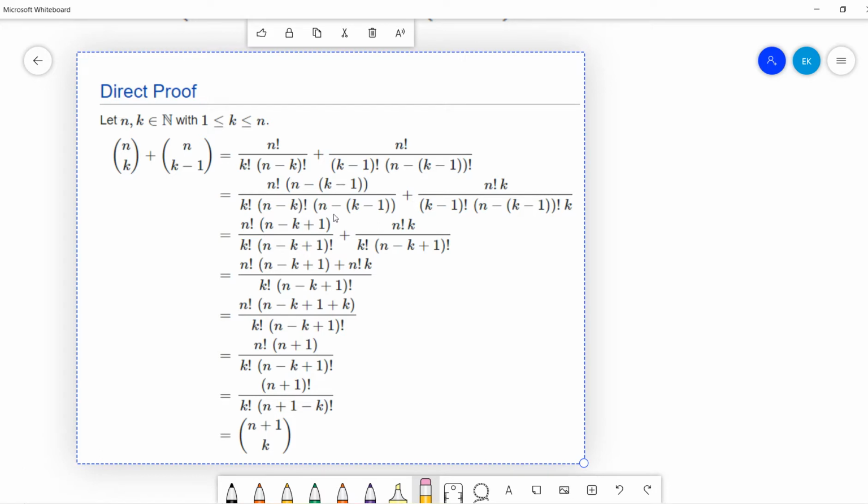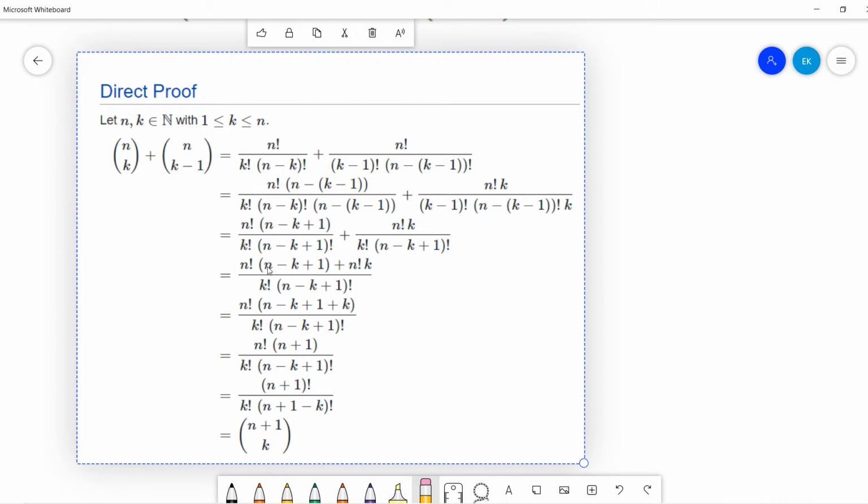Combine these two factors. Also, this one we fix the numerator and change the denominator by this k, so it becomes k factorial. And so we see that there's an n factorial and k factorial here, so all the numerator and all the denominator are the same.